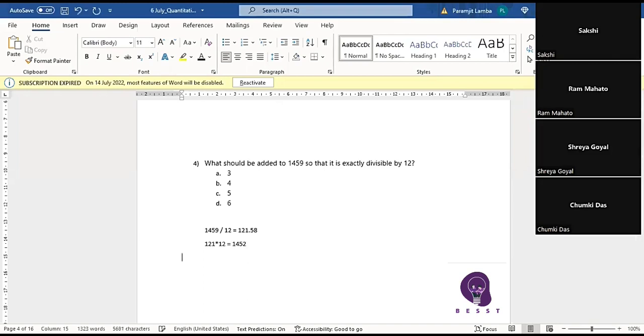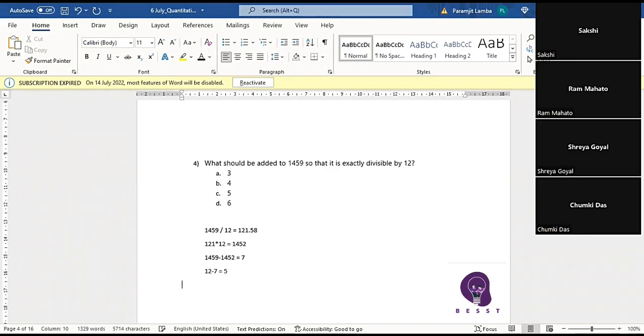Now 1452 is 7 less than 1459; 1459 minus 1452 is equal to 7. Now to find out how much needs to be added, we deduct this figure of 7 from 12. We arrive at 5.